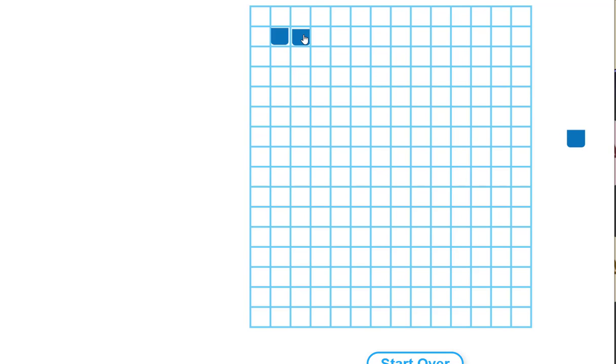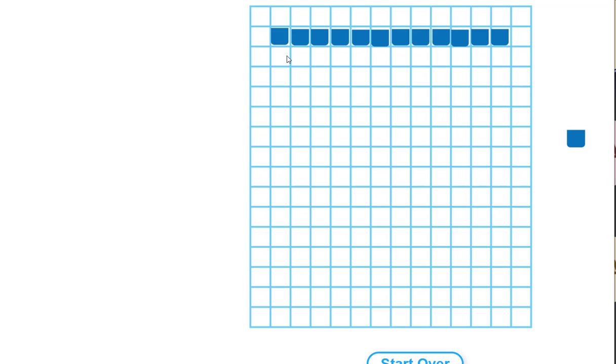If I use one row, how many squares should I put? 12. So if I use one row, I should put 12 squares, so 12 columns. How many do we have now? 5, 6, 7, 8, 9, 10, 11, 12.